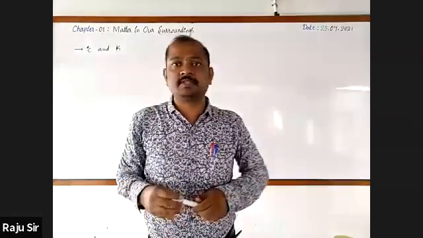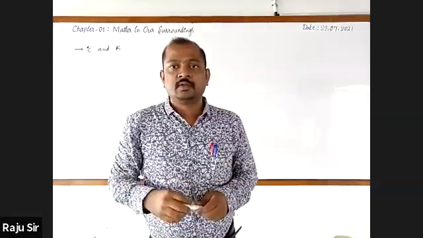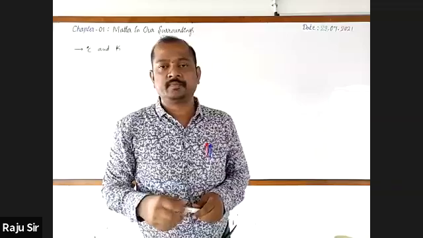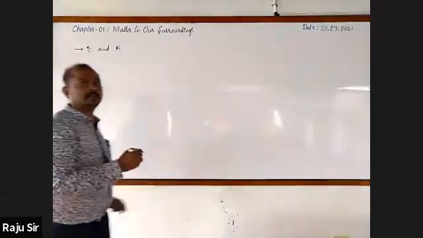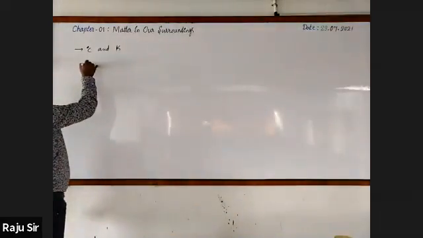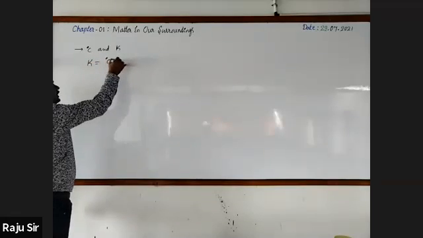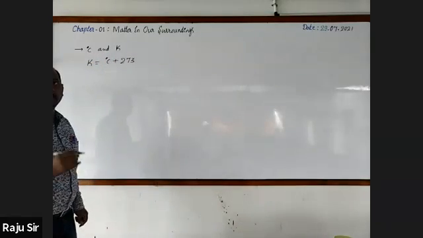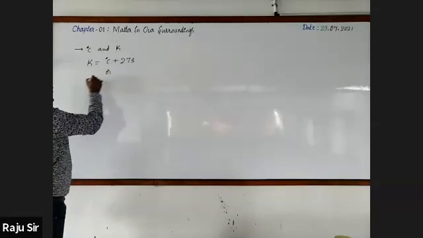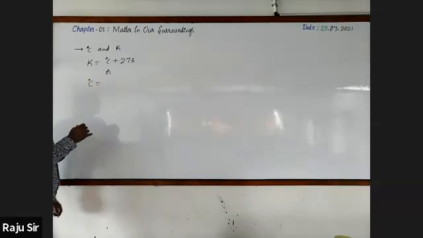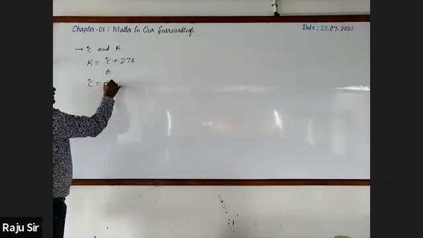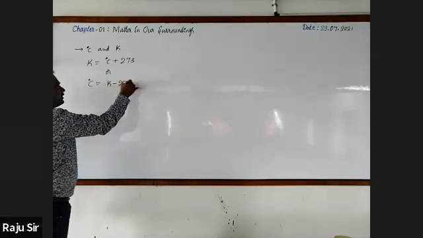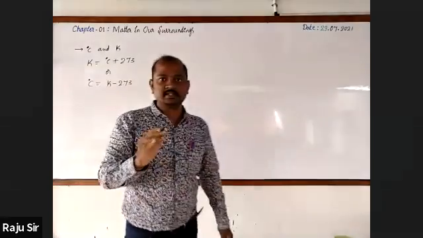Don't turn the pages. Yes, it is K is equal to T plus 273. Lavanya? C is equal to K minus 273.